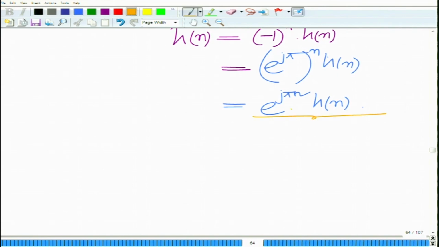Okay, this is of the form e raised to j omega naught n. So, we use the modulation property.